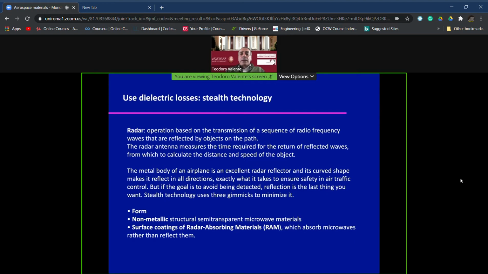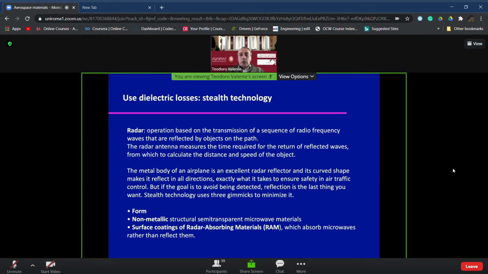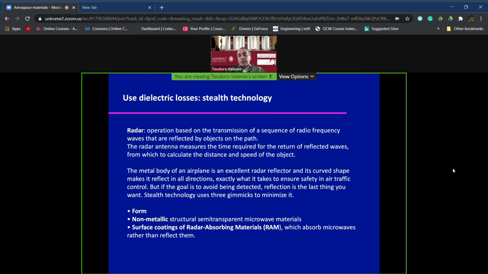And these waves, if they are reflected by an object on the path, that is on the direction they meet, then the radar antenna can work also as a receiver, and it can measure the time requested for the reflected waves to return, from which it is possible to calculate the distance and also the speed of an object.